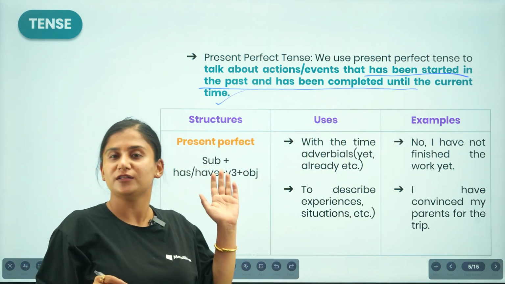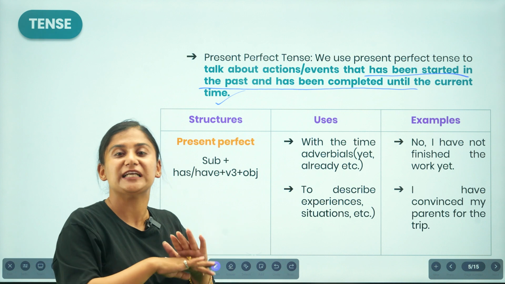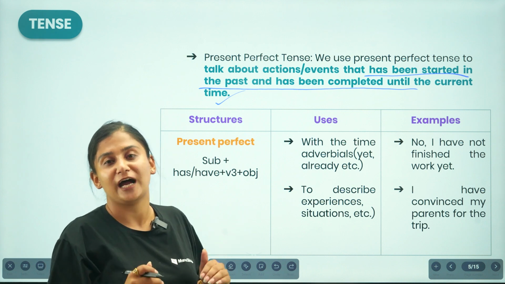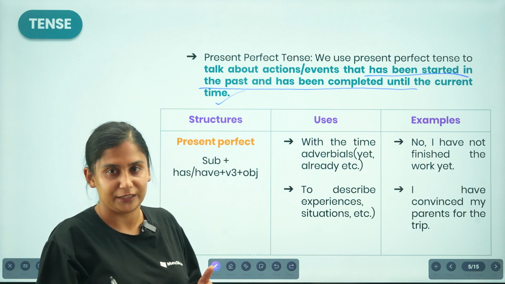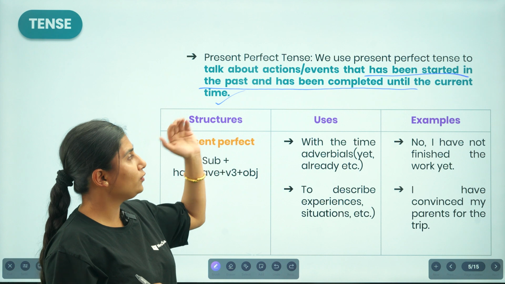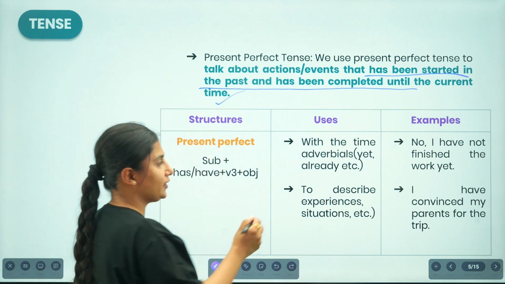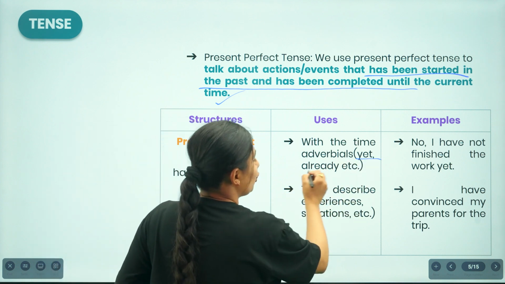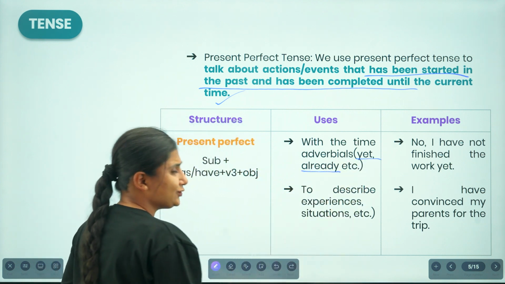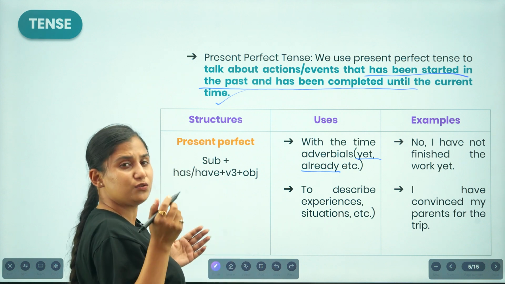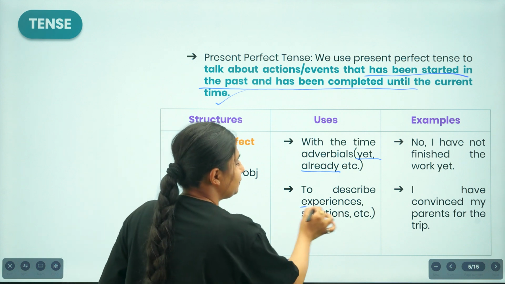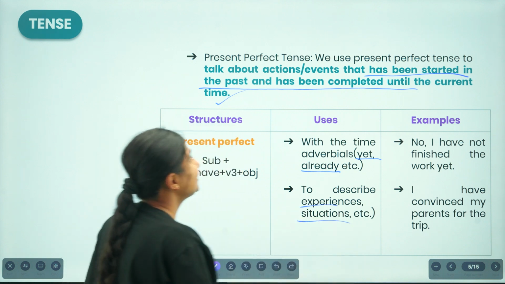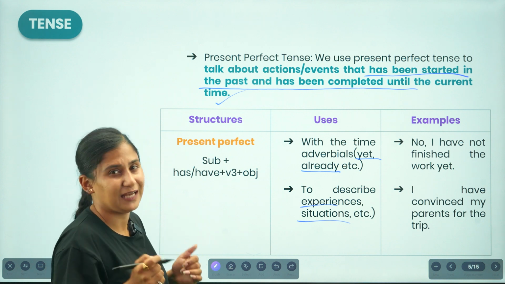Something that started in the past and has been completed by the time you talk about it. To talk about this idea, you can use the time adverbials yet or already as well. Whenever we are describing our experiences or situations, we use present perfect tense as well.